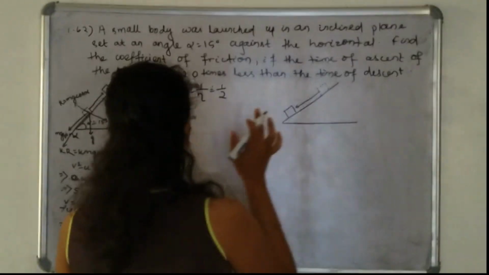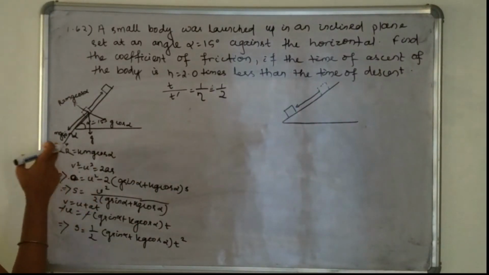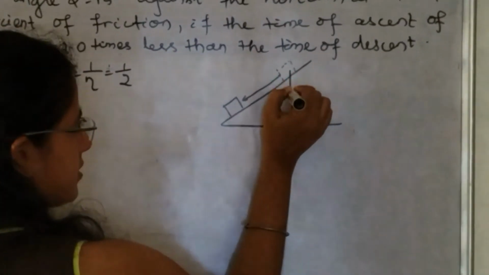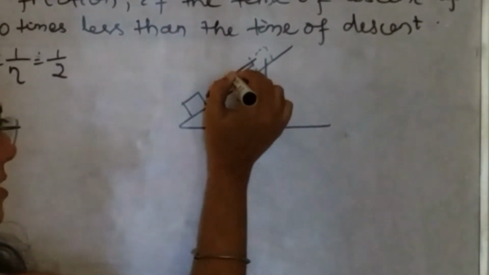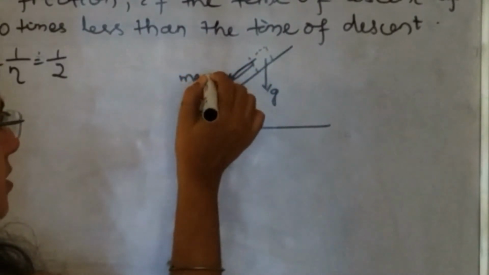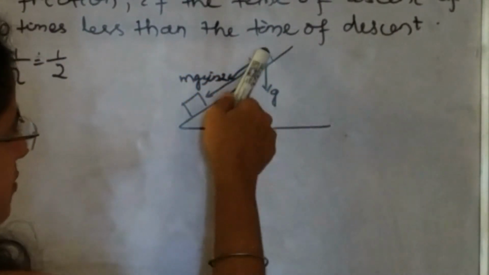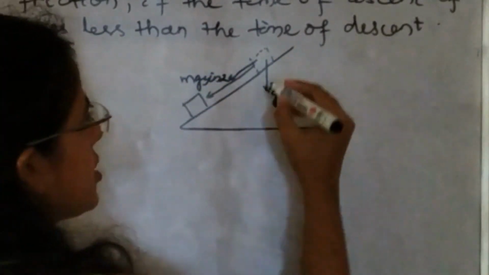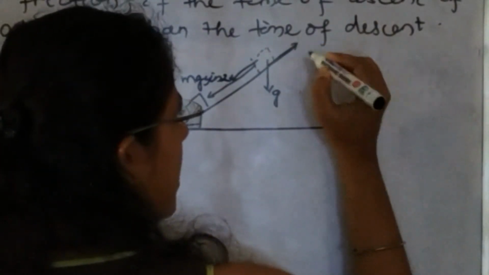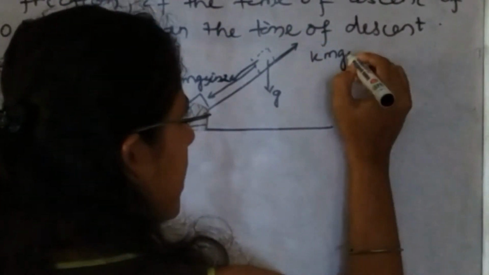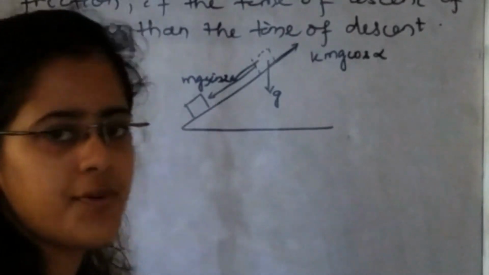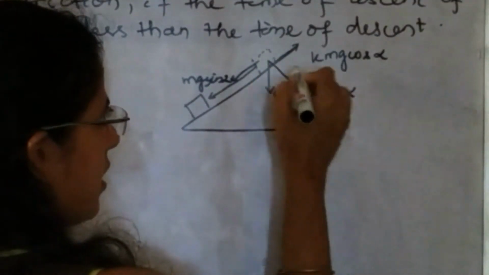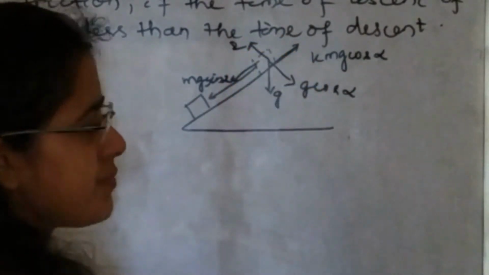If we apply the same case, and draw the free body diagram of this body, this is g, and in this direction mg sin alpha. As this body is moving in this direction, the frictional force must be opposite to this. So the frictional force will be in this direction, and it is k into mg cos alpha, because this is g cos alpha and the reaction is mg cos alpha.